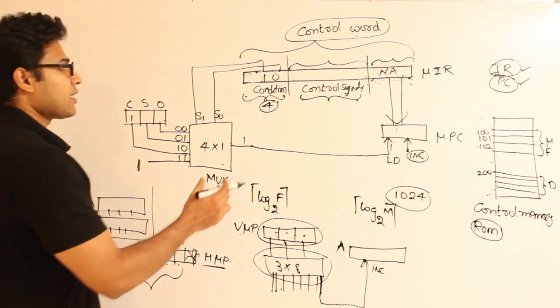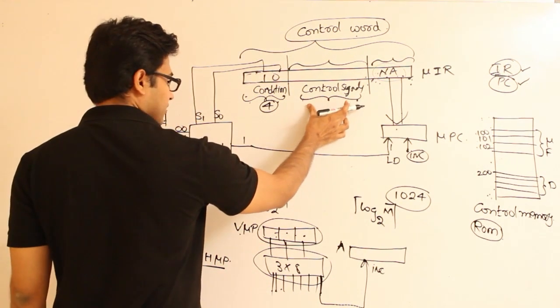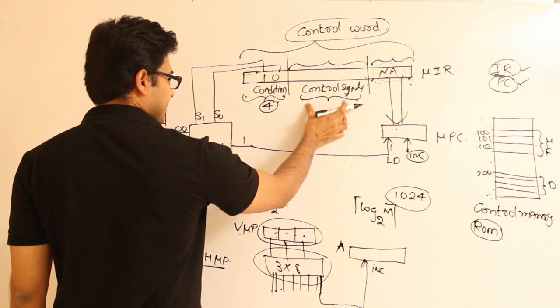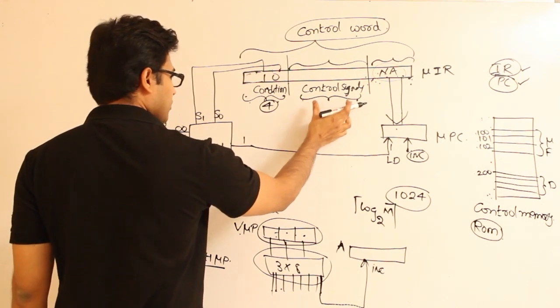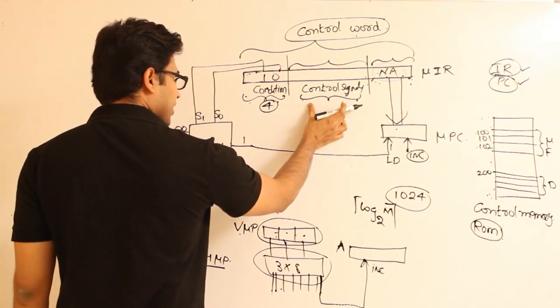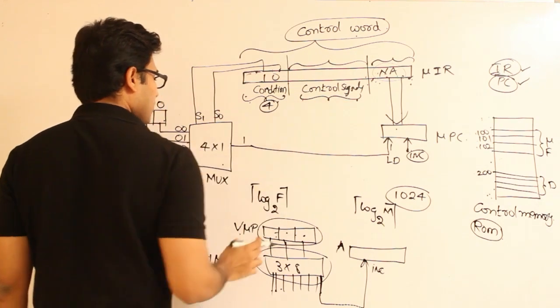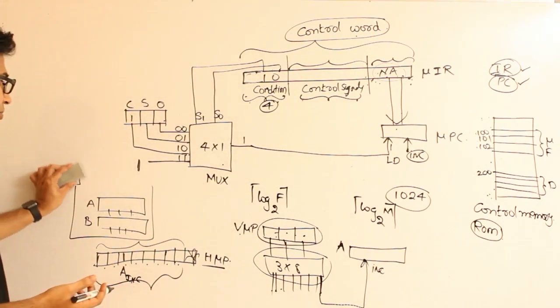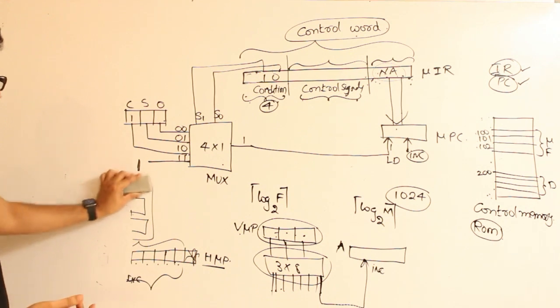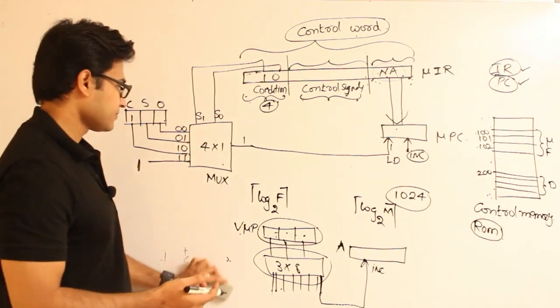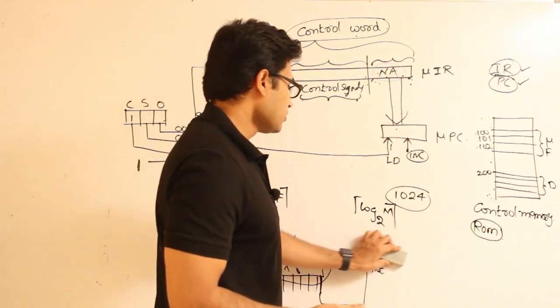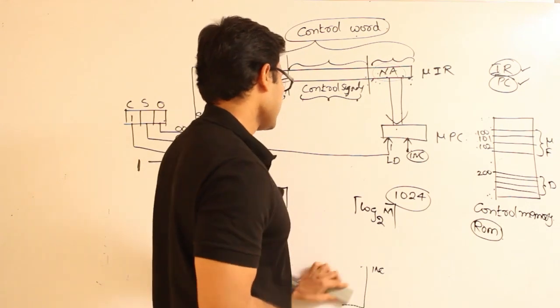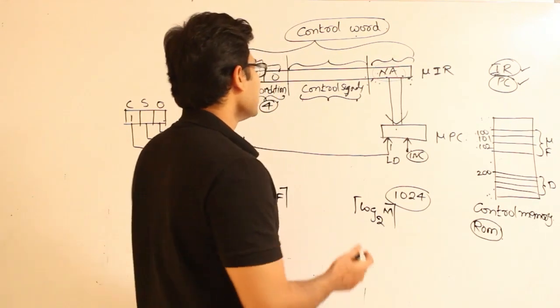So the control signals required here will depend on two things. Either you have used horizontal microprogramming or vertical microprogramming, or have you used a combination of all that. Okay, so let's see this. In case you are using horizontal microprogramming, what should be the size of it?